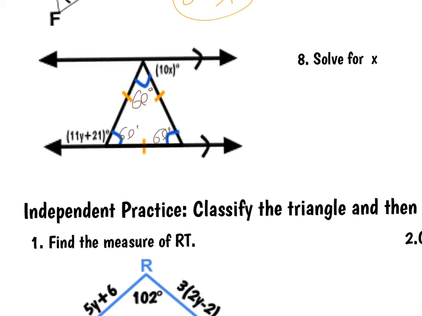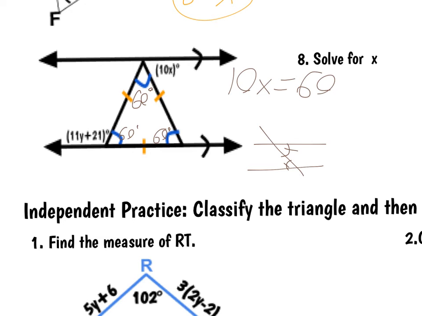If we take a look at this on a broader scale, this angle here, this 10x, is an alternate interior angle to this 60 here. And alternate interior angles must be congruent. So we can say that 10x is equal to 60, because essentially what we have here are two parallel lines and a line going through them, such that this angle is congruent to that angle.